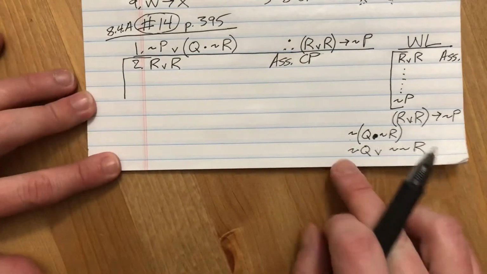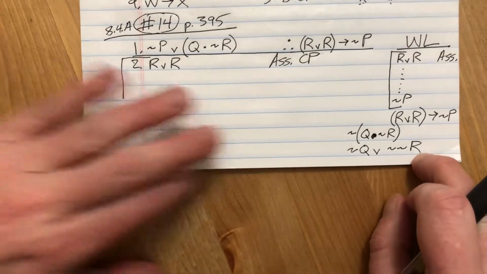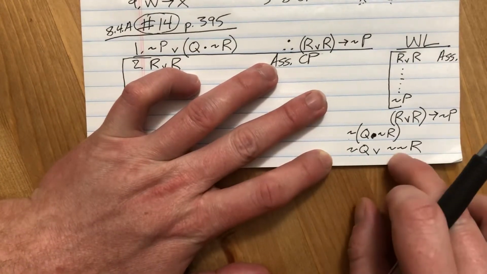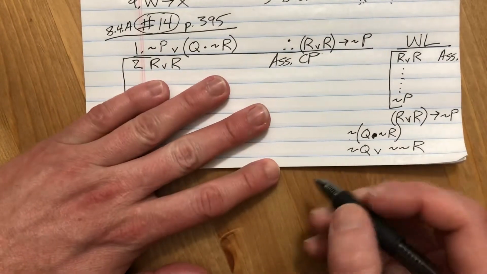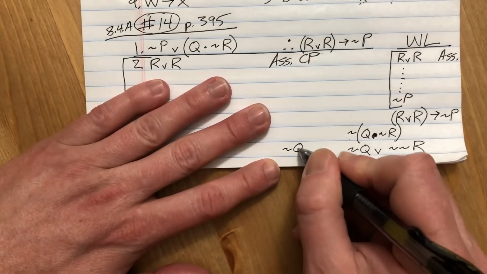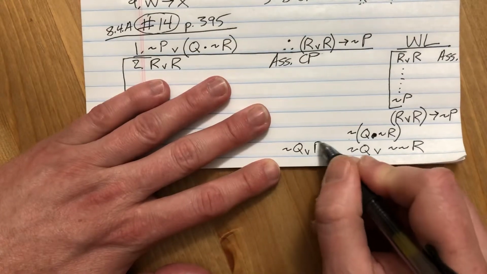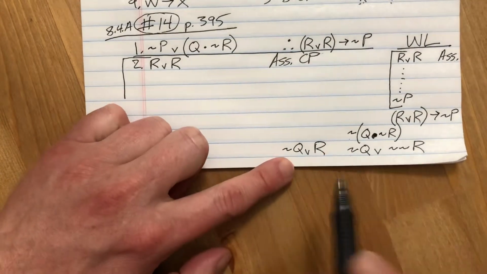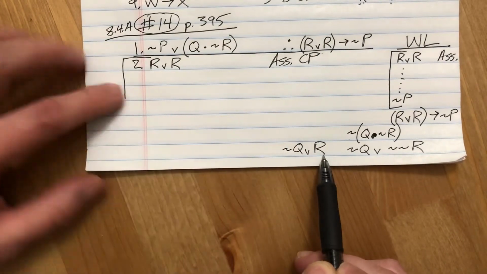So now we have not Q or not not R, sorry, not Q or not not R. And of course, you see double negations, you should know that by double negation, that's going to be the same as this without the two negations. So is there a way for us to get this?